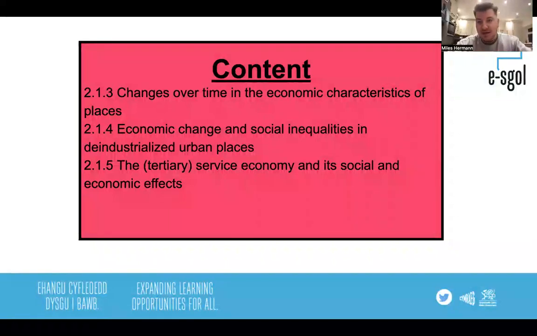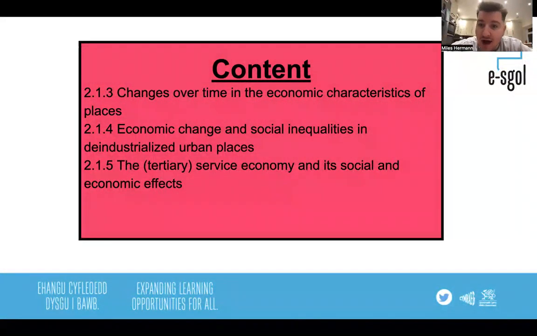Similarly to the glaciated landscapes or coastal landscapes unit, there are 10 key questions. This examination is worth 16% of the entire A-level geography, as I said. It's 64 marks, and 32 of those marks are based on this examination.